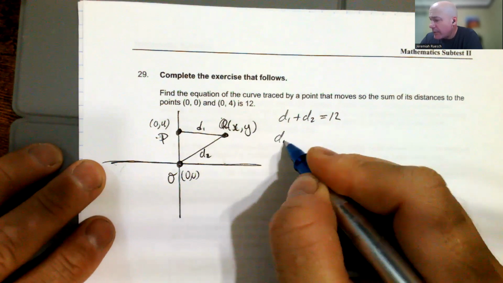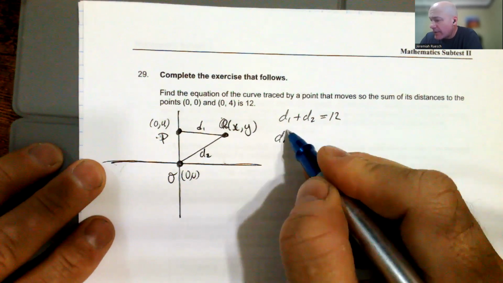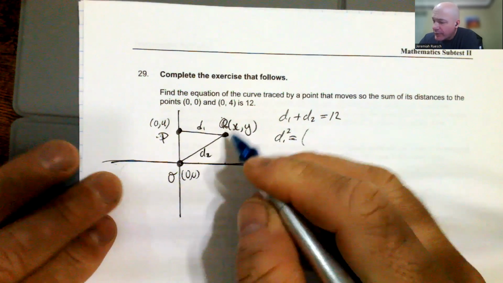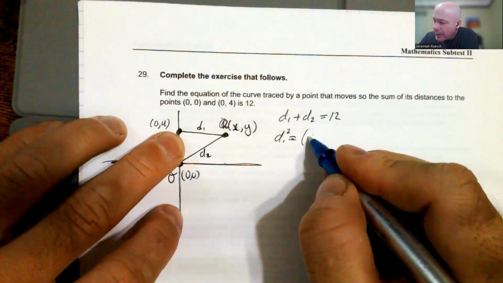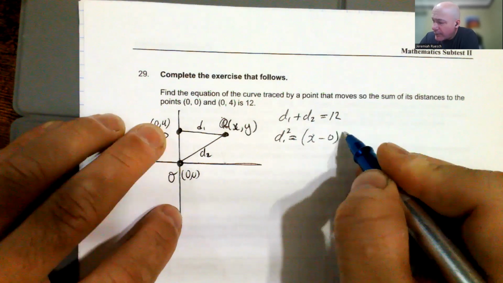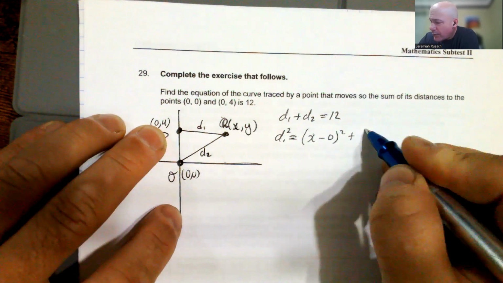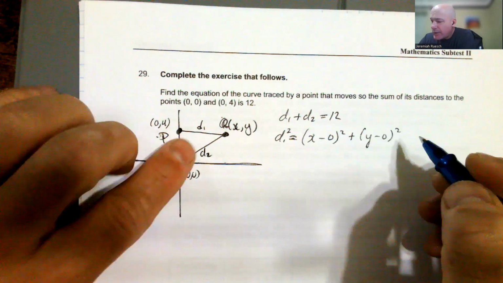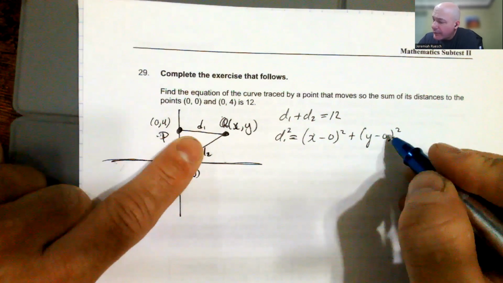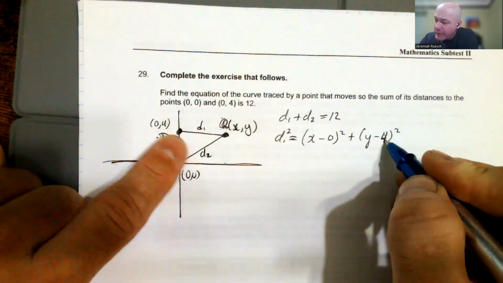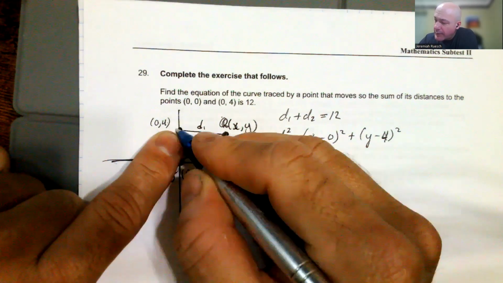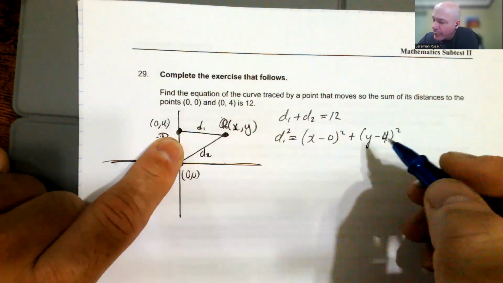So D1 is equal to, I'm going to talk about D1 squared first, because the squares are easier to deal with. The differences here are going to be x minus 0 squared plus y minus 4 squared. Sorry, it should be a 4. So that's the distance between this point at any position and that fixed point there.